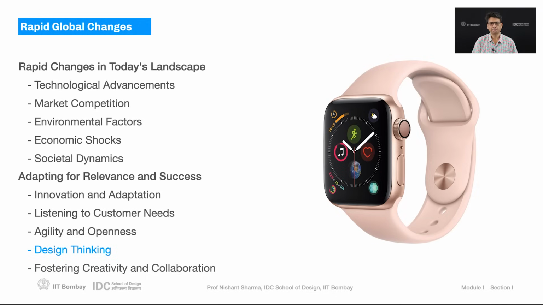Design thinking is a powerful, creative, and collaborative problem solving approach that places human needs and experiences at the forefront of innovation. It is a useful tool to address complex individual and organizational problems in an ever changing world.